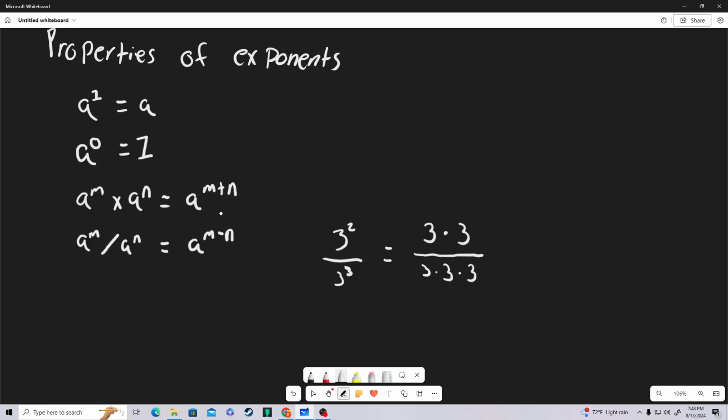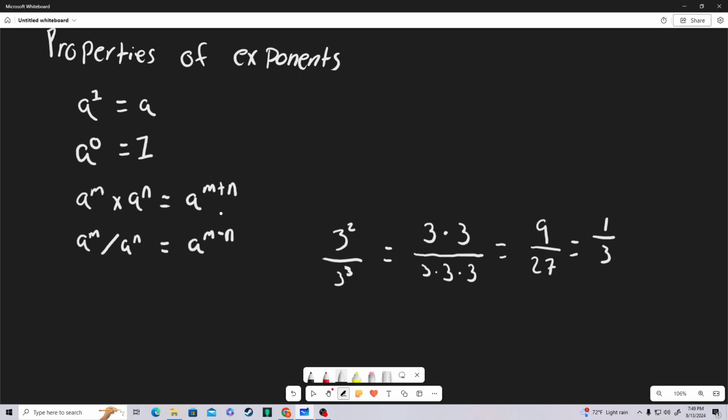So that equals 9 over 27, which if we reduce this fraction down, which we'll talk about later, if you don't remember reducing fractions, don't worry about it right now, just take my word for it, this is 1 over 3.